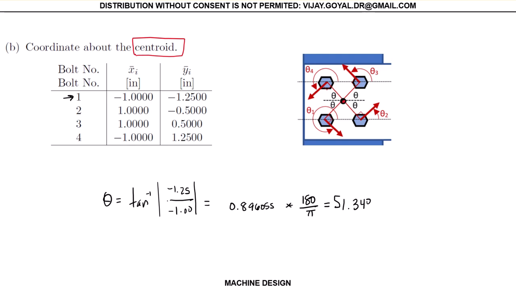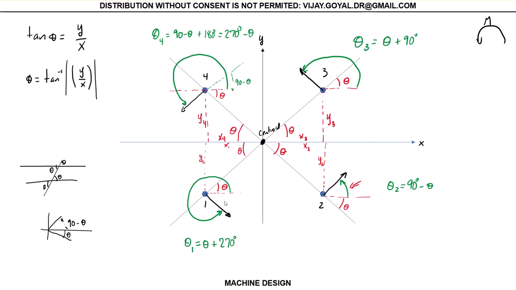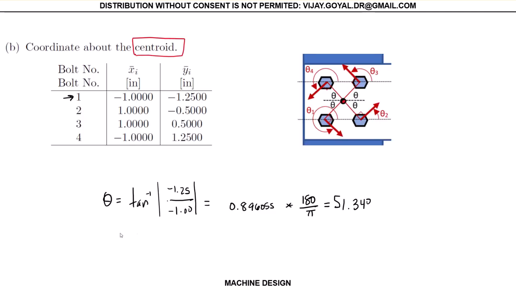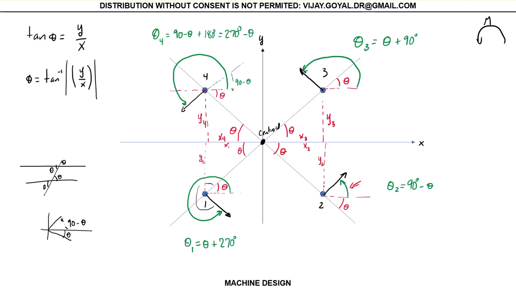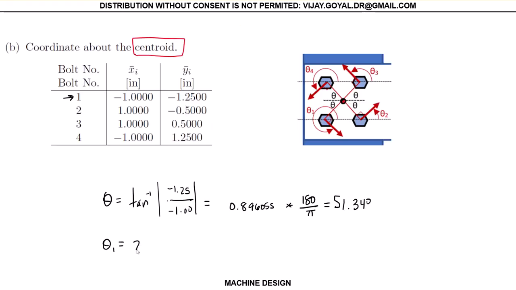So this angle that I found is this angle right here, but that's not the angle I'm looking for. I am looking for the angle from here to here. So angle 1 would be 270 plus theta, which is 270 plus 51.34, and that gives you 321.34.